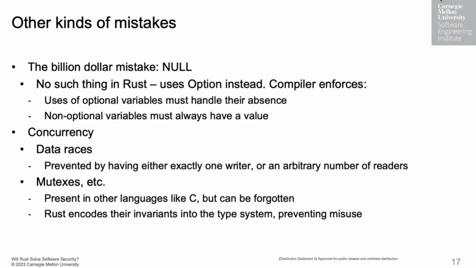And sure, other languages like C have mutexes too, but you can forget to use them in C and your code will still compile, and it will just have a race condition bug and do the wrong thing. Whereas in Rust, it can use token types built around the borrow checker to make sure that you can't access the variable if you forgot to take the lock or the mutex.